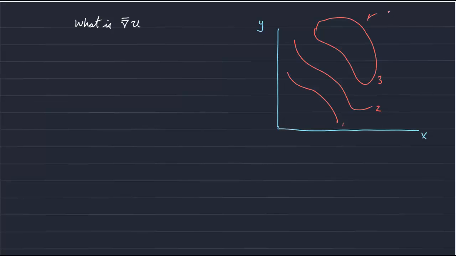So these are contours of u, or curves of constant u. So everywhere along those curves, u, this scalar quantity, has a constant value. And so u could be any scalar quantity. Temperature is a scalar quantity. Elevation, for example.